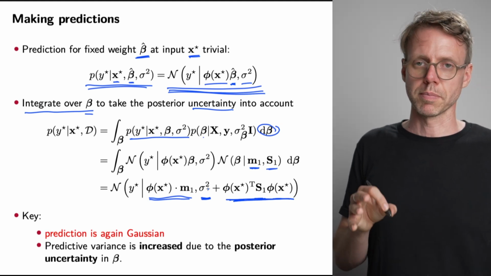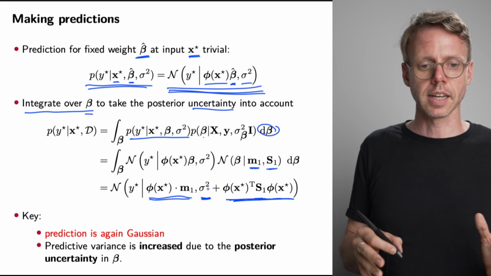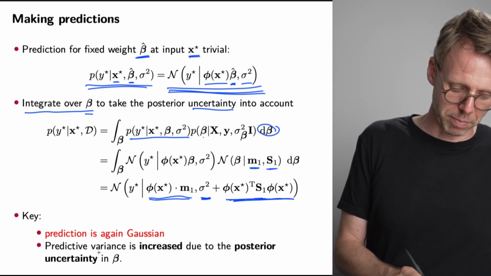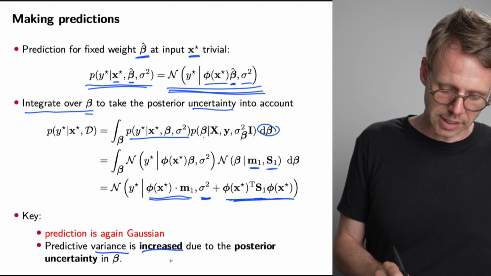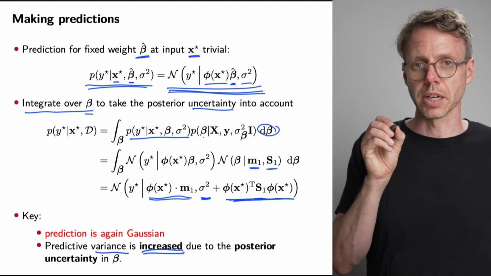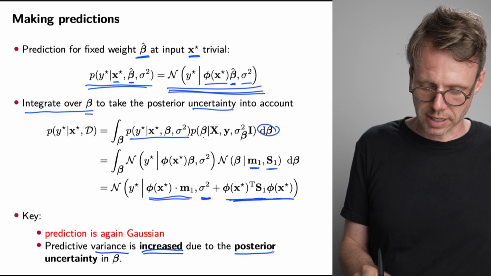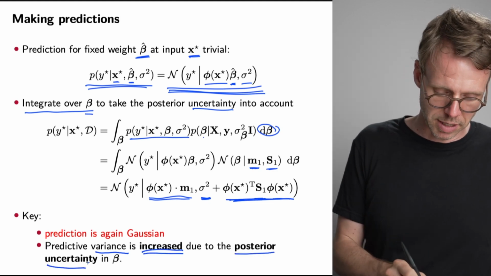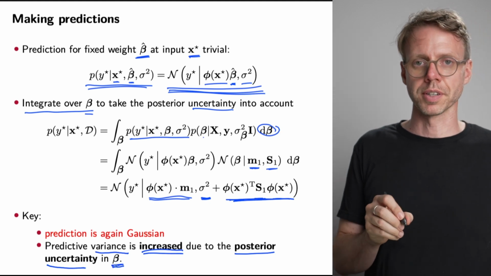The point is, the predictive distribution is again a normal distribution, but the predictive variance is increased because we take the posterior uncertainty in our parameter estimates into account.